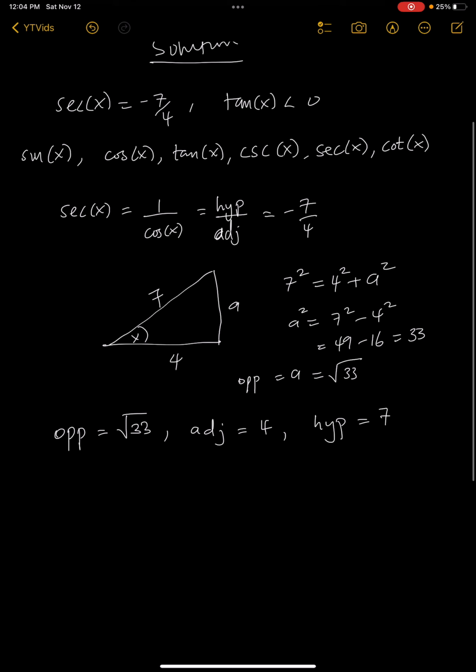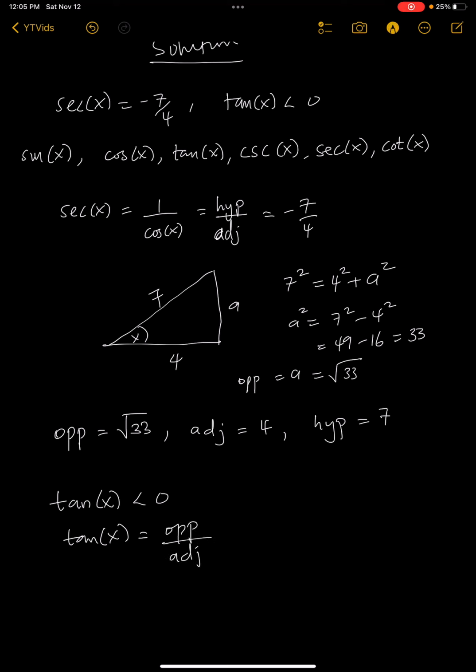To do that, we investigate the condition from the question, that tangent of x is negative. We know that tangent of x is opposite over the adjacent. Let's compare tangent of x to secant of x by comparing the formulas.